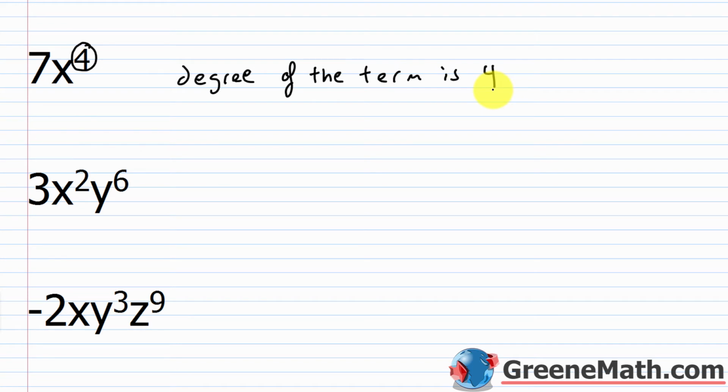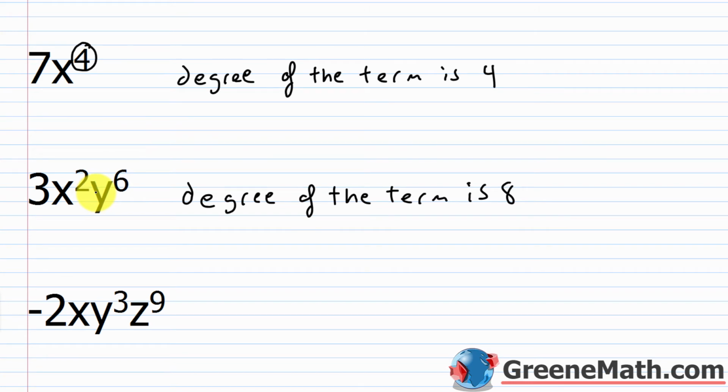Now, for this one, we have 3x squared y to the sixth power. So the degree here is going to be 8. The degree of the term is 8. And that's because I looked at the exponent here, that's 2, and I looked at the exponent here, that's 6. I just summed them. 2 plus 6 is 8, so that's how I got that.